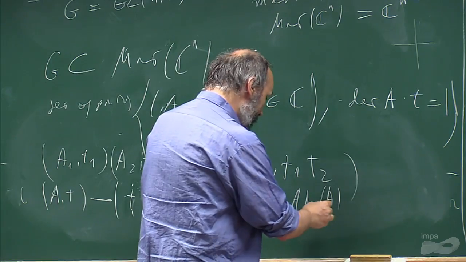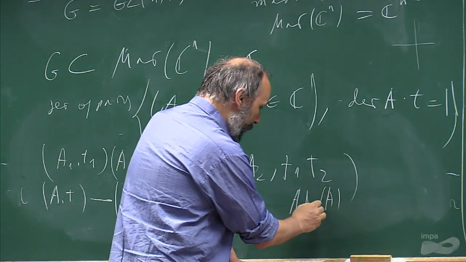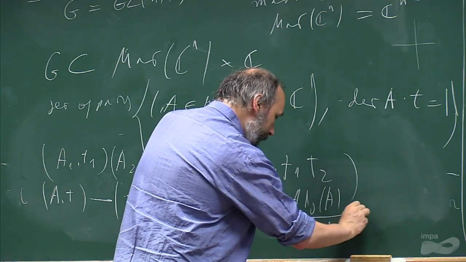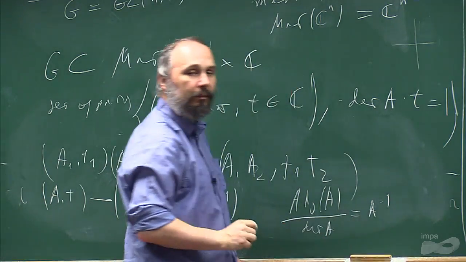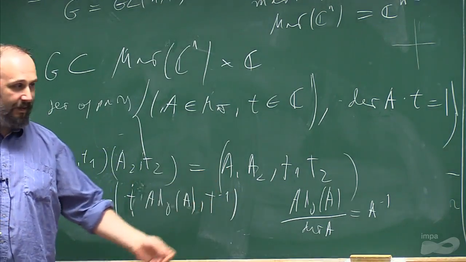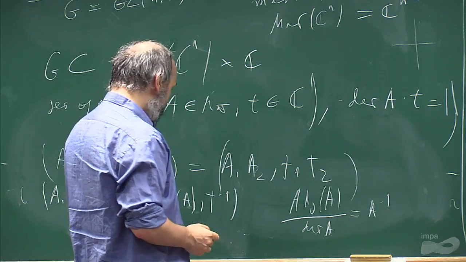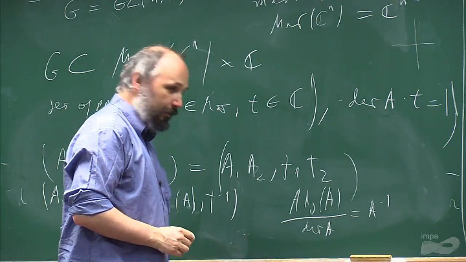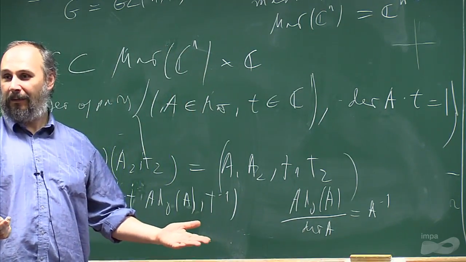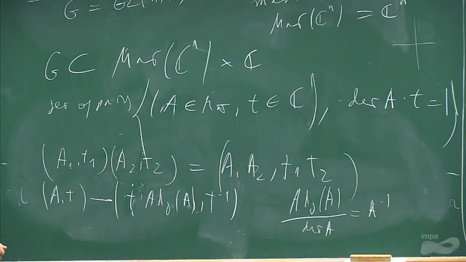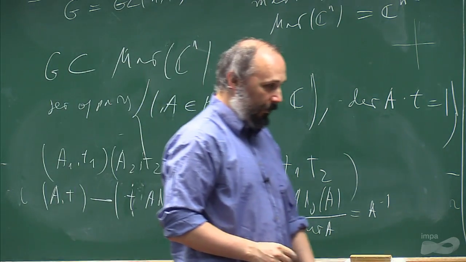And the important thing is that adjugate of A divided by determinant of A is A inverse. This is how one defines the inverse matrix. Importantly enough, the adjugate matrix is polynomial because it's many, many determinants. And T is also polynomial, so this is a good, well-defined polynomial expression.